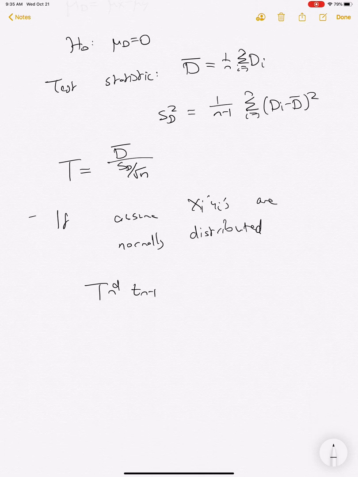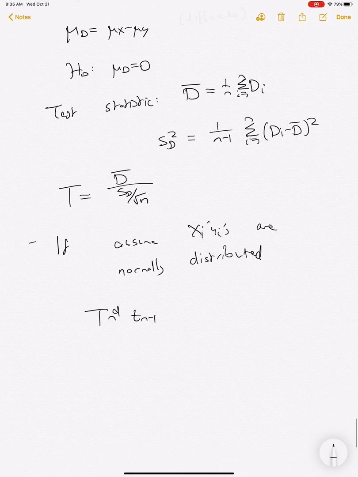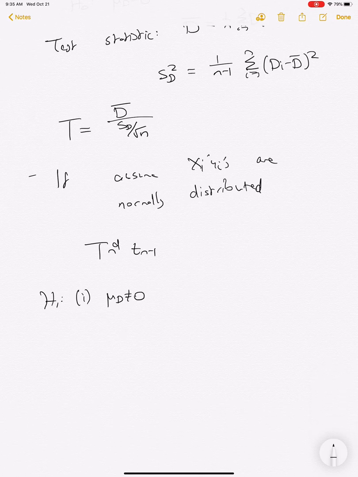So I'll just do it in the case of H1, which is this alternative that mu d is not equal to 0. The other two I'll leave as an exercise again. You can see that under H naught, t equals d bar over sd over square root of n has a t distribution with n minus 1 degrees of freedom.